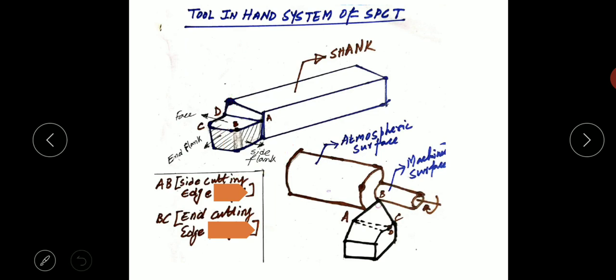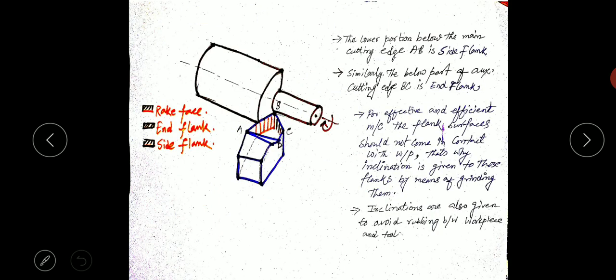These are some basic factors related to the single point cutting tool. In the next slide I have drawn the faces. This part is the side flank, this is the end flank, and the top of the tool is known as the rake face.